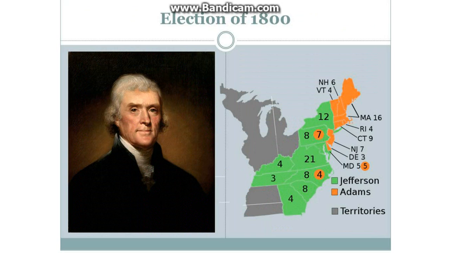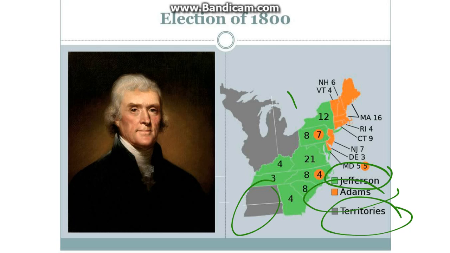In the election of 1800, you can see that the green areas on the map were for Thomas Jefferson, and the electoral votes for John Adams were clearly displayed in orange, with the territories displayed in gray not having any electoral votes at this time.